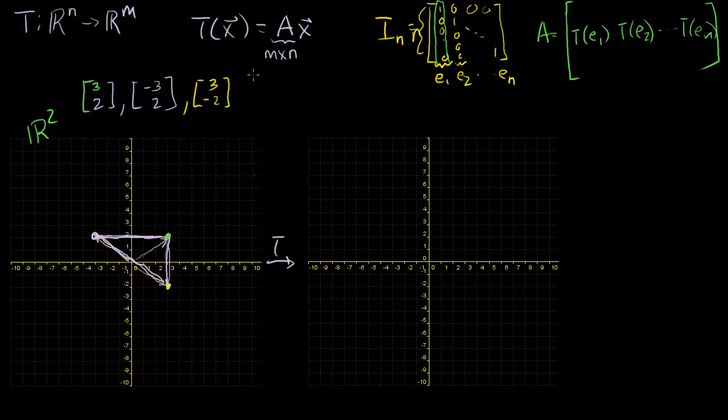But let's actually design a transformation here. So let's just write down in words what we want to do with whatever we start in our domain. Let's say we want to reflect around the y-axis.